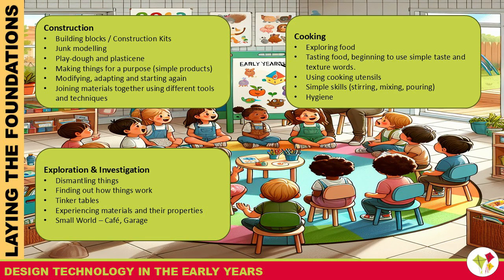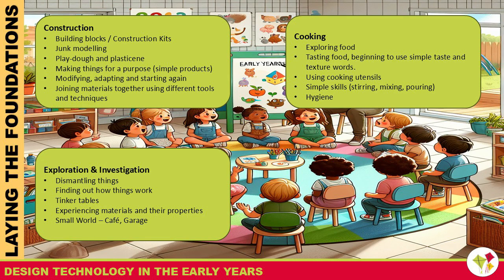Again, this will be developed as they progress further through the curriculum. In early years, children should have the opportunity to use cooking utensils to mix and combine food and learn simple skills such as mixing, stirring, pouring, weighing, when making cakes and other simple food products.